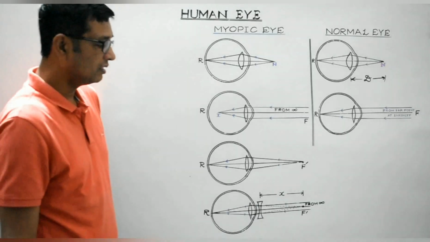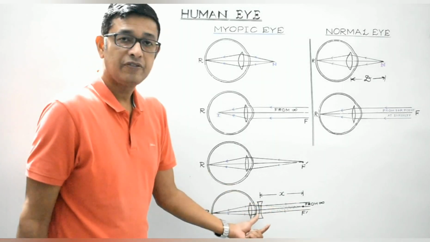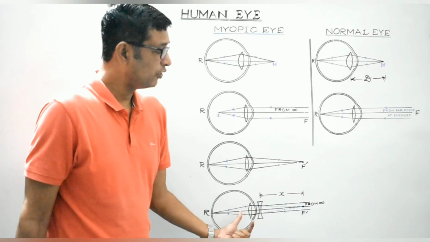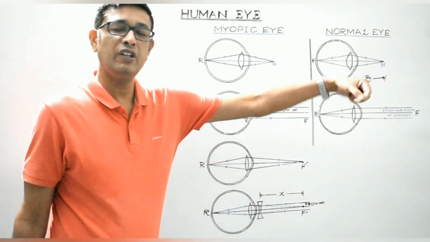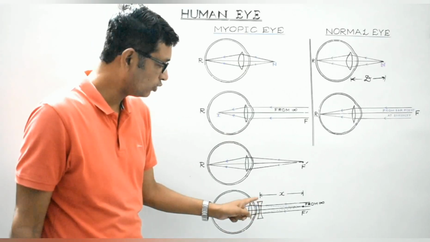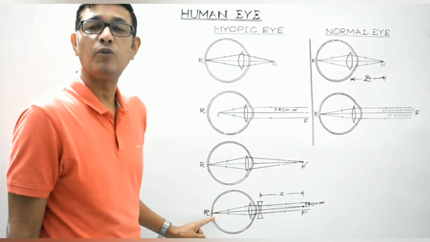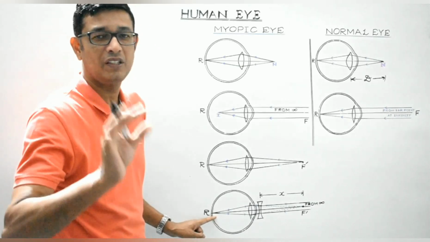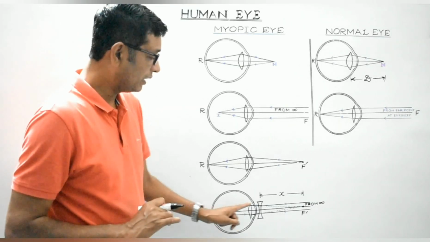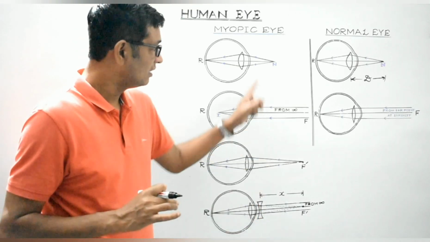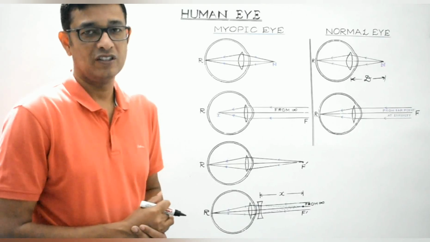So even if this person suffering from myopia is viewing an object at a very far away distance, still by using this concave lens, its image will be formed at the retina. So a clear image will be obtained, right? So by using a concave or diverging lens of suitable focal length, this eye defect can be cured.